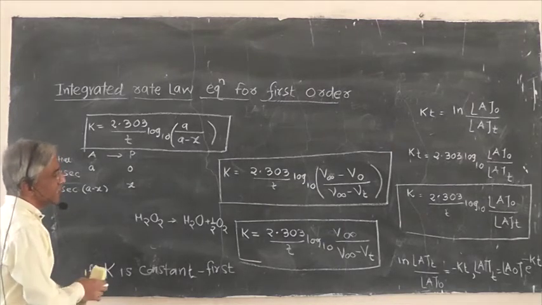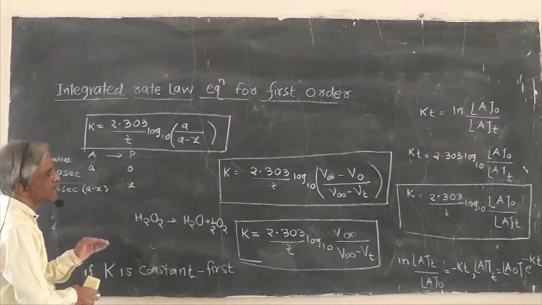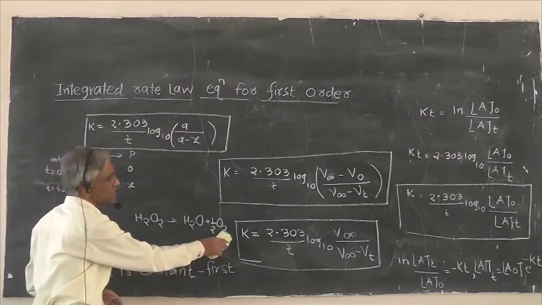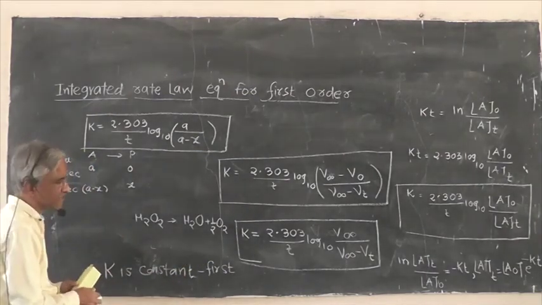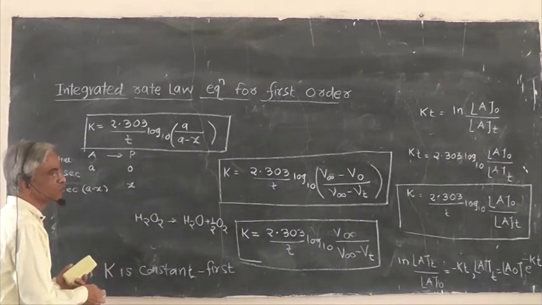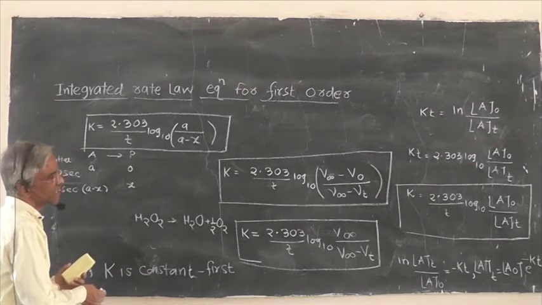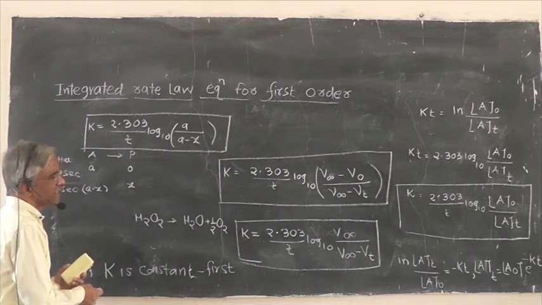And the third, if we are studying the rate of reaction in terms of the product, such as here the gas oxygen is obtained and we can measure the volume of oxygen at different time intervals, then k equal to 2.303 upon t log to the base 10 of V infinity divided by V infinity minus Vt.